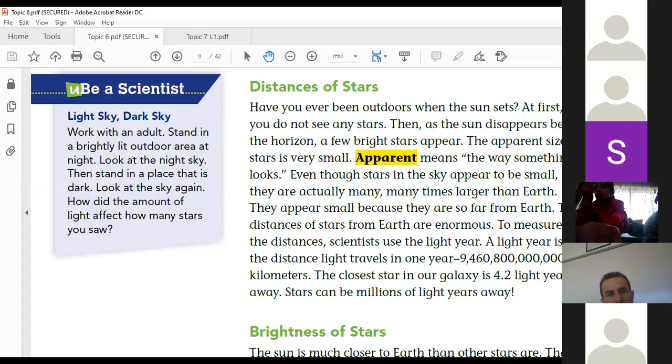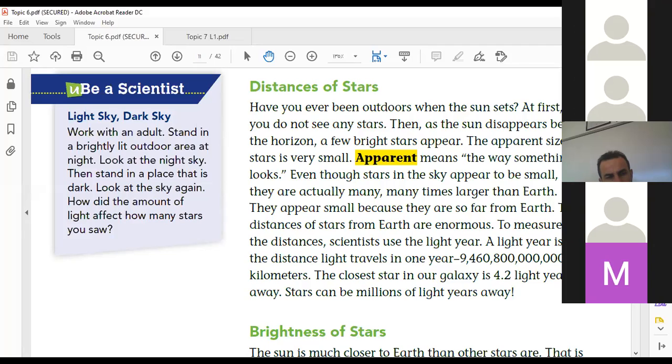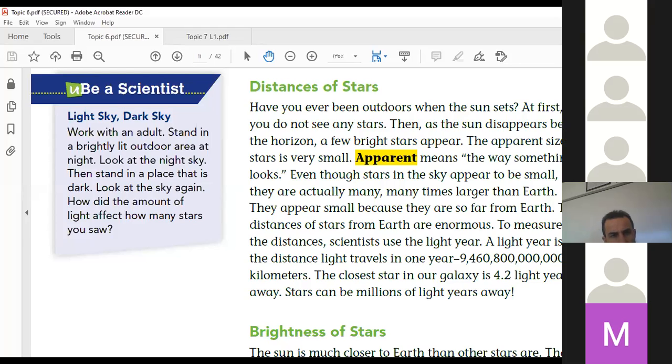Important question. How are the distance and the brightness of a star related? Is there a relationship between the brightness of a star and its distance? No one can describe the relationship?